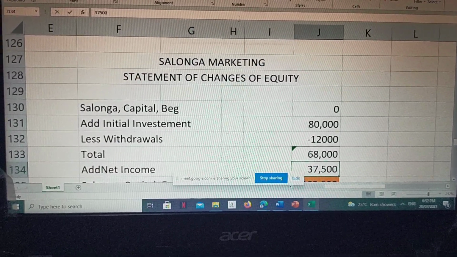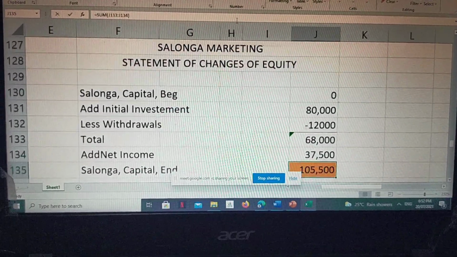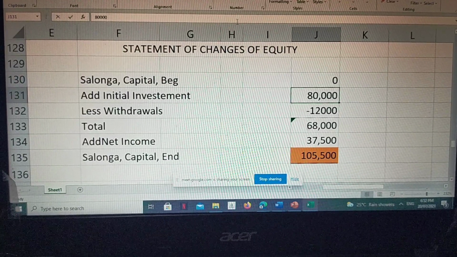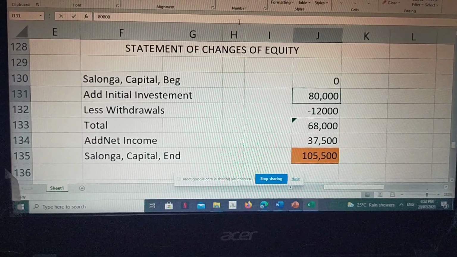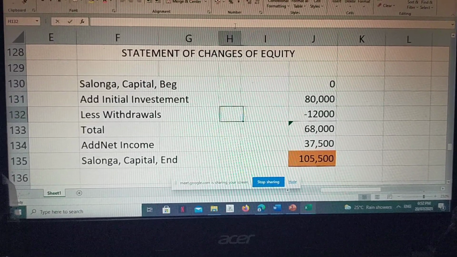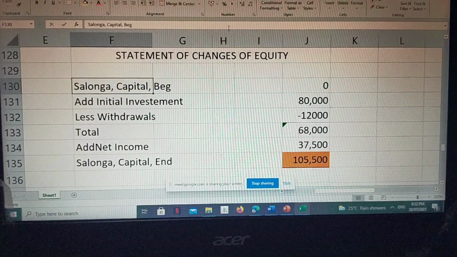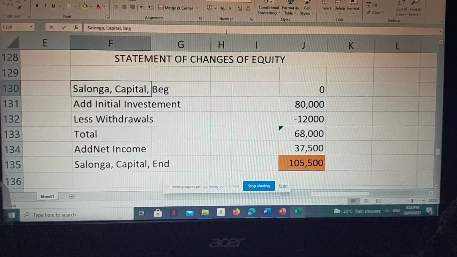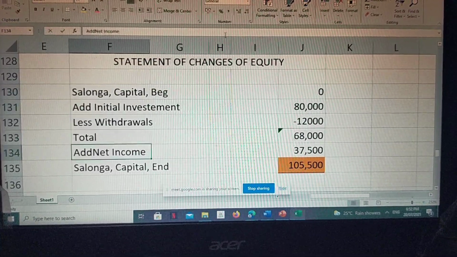For the statement of equity, we have here, wala namang beginning. Instead, it's an initial investment of 80,000 pesos minus the withdrawals. Ito kasi yung mga nakakaapekto kay capital, trainees. Kaya, baka nagtataka kayo, bakit yung mga FS, may kanya-kanyang accounts na kasali doon.